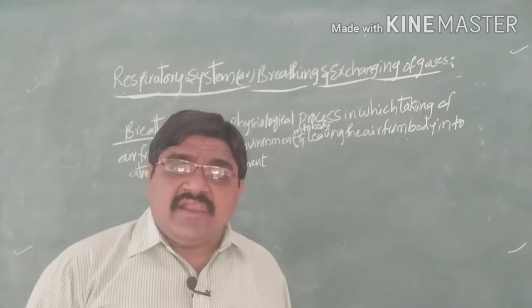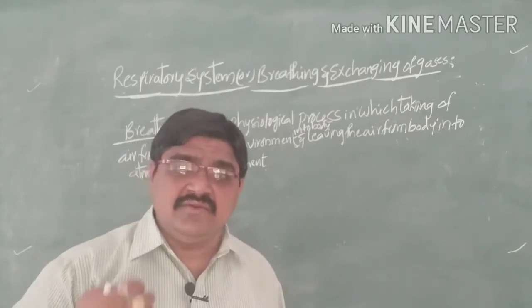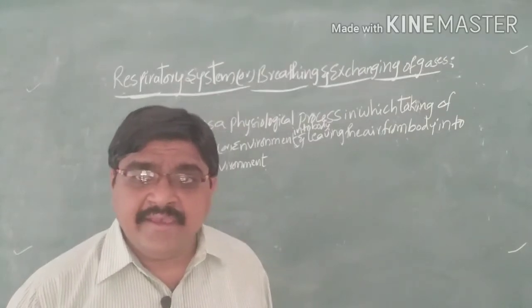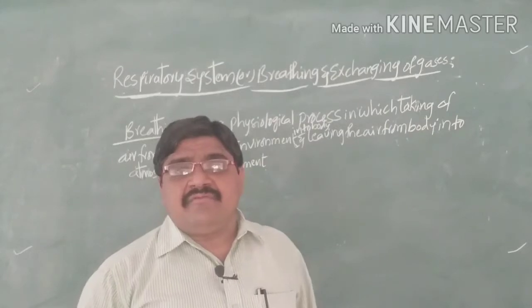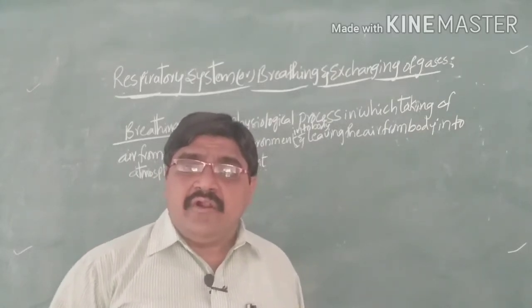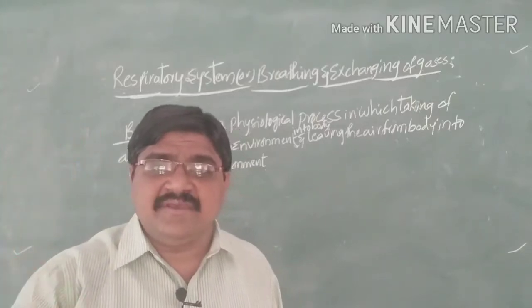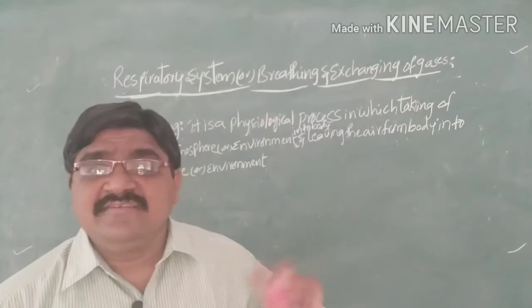We take the air, that is oxygen, into the body, and it passes to different parts of the body. Again from different parts, carbon dioxide leaves the body into the atmosphere.